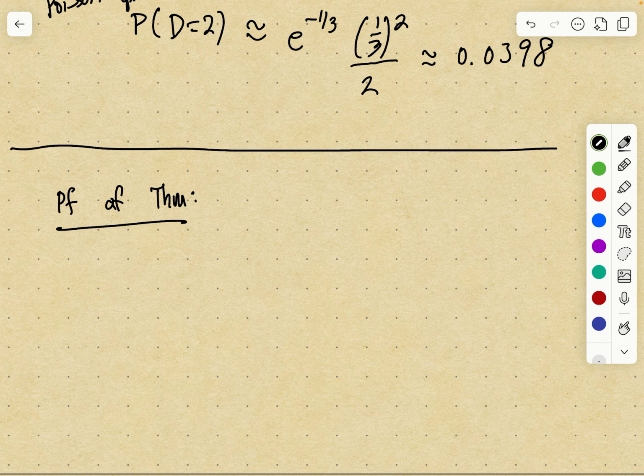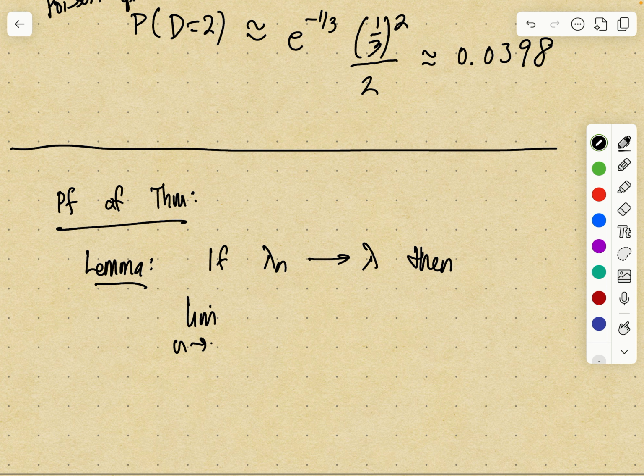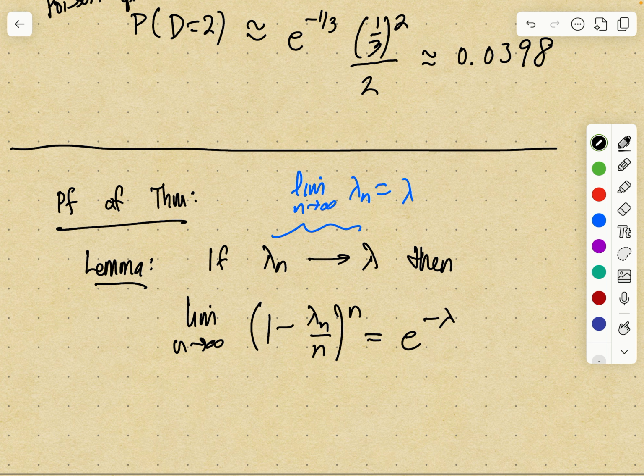So the first fact we need is this lemma, which is just a standard calculus fact: if you have a bunch of numbers lambda sub n that approach lambda, that is, the limit as n goes to infinity of lambda sub n is lambda, then the limit as n goes to infinity of 1 minus lambda sub n over n to the nth power is equal to e to the minus lambda.